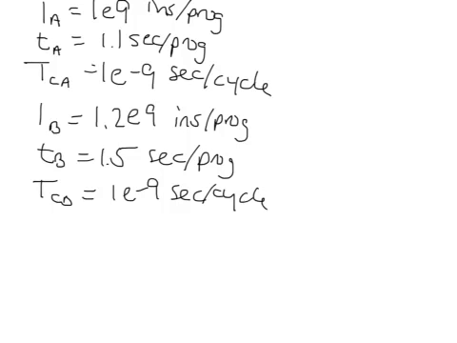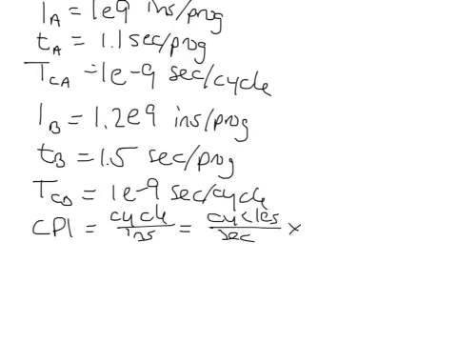So the CPI is the cycles per instruction, and that's going to be cycles per second times seconds per program times the inverse of the instruction count.